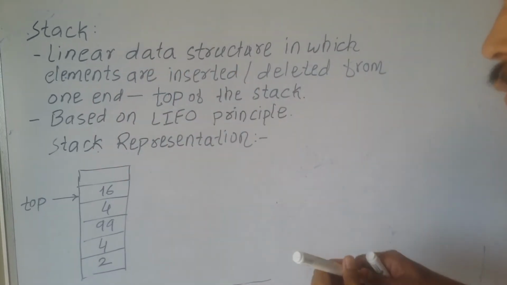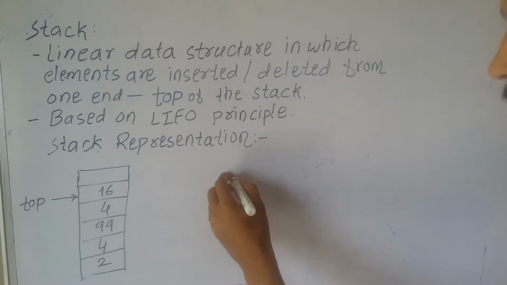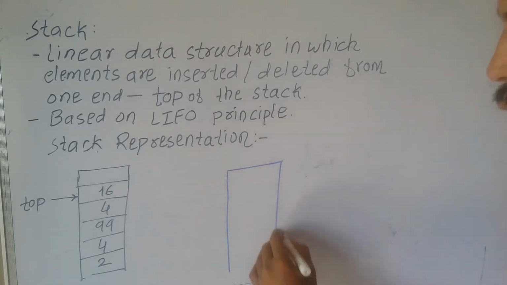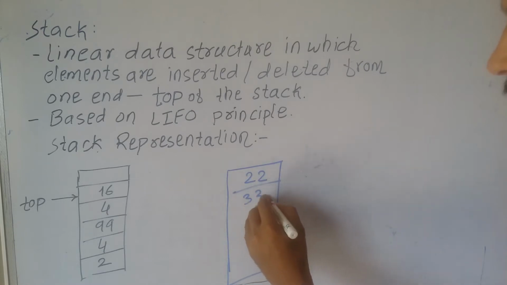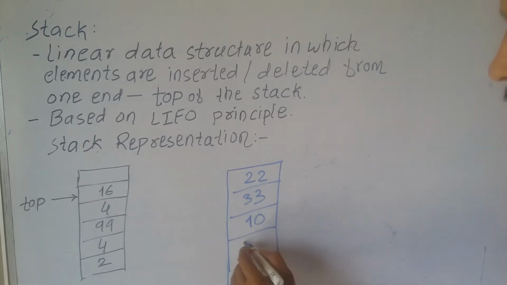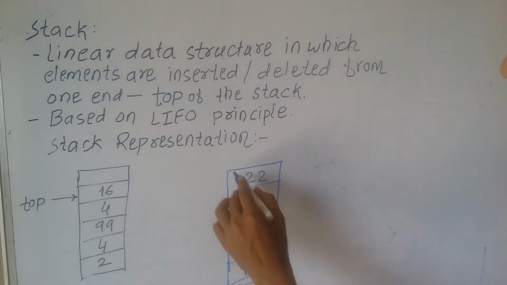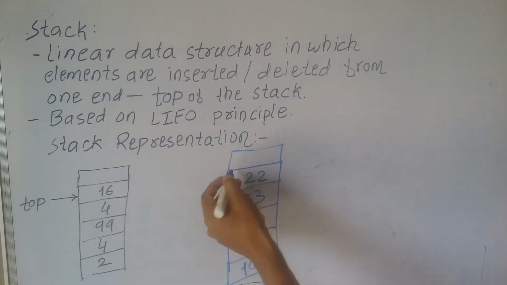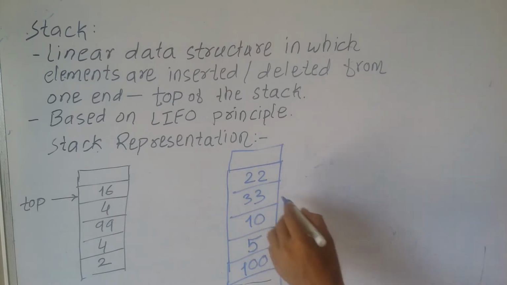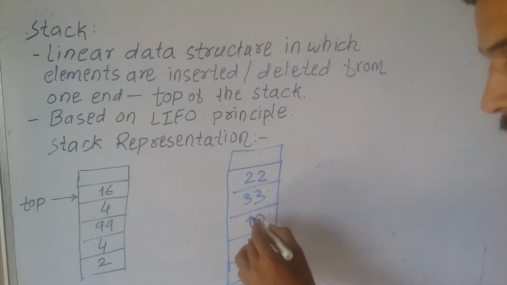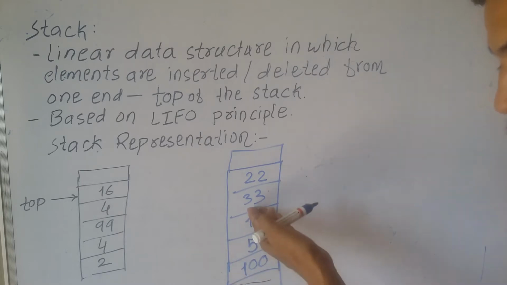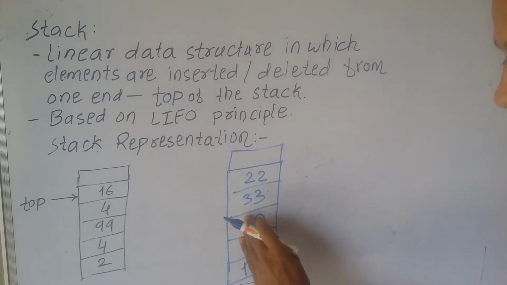For example, we have already studied array. Array is, again I will show in this way. For example, there are some elements stored in the array like this. Now this is an array, and I want to insert the element between 33 and 10. How can you insert the element? I have to shift all the remaining elements one position downward so that I will get some space over here.